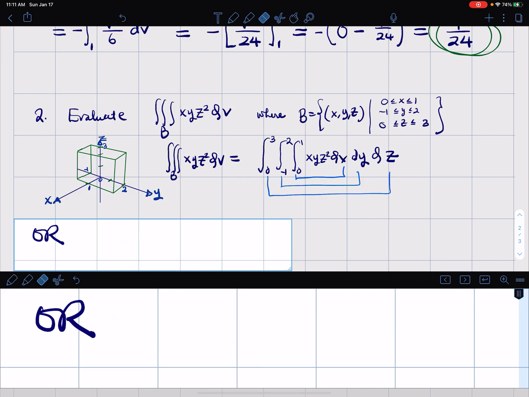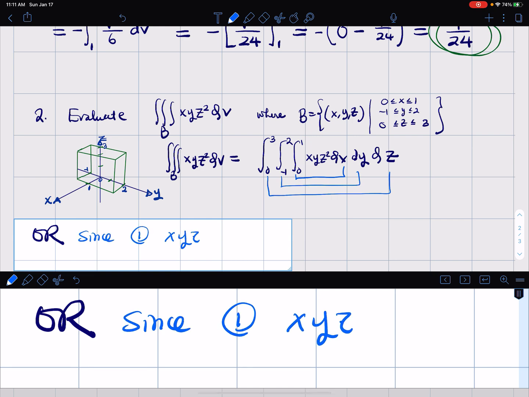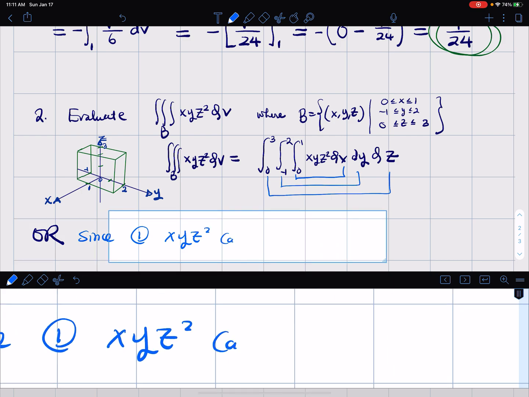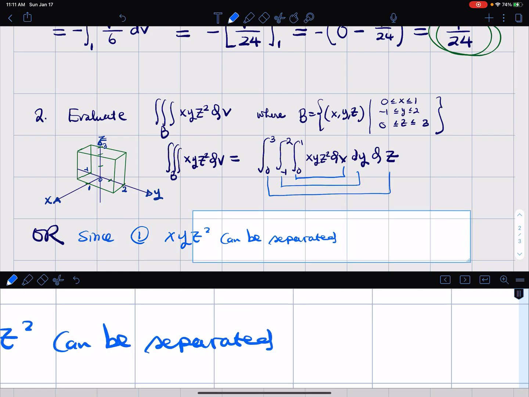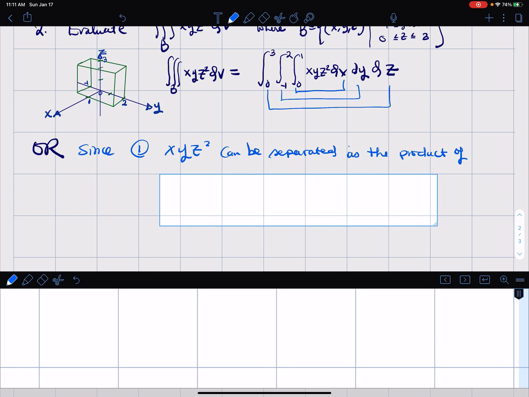Since xyz squared can be separated as the product of x, y, and z squared.